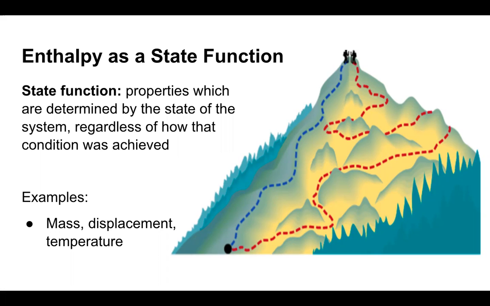Regardless of how the condition of them being up on the top of the mountain was achieved, what's most important is that they are at the top of the mountain. And so that's basically what a state function is. And we'll see in the next couple of slides how enthalpy as a state function is related to the concept of Hess's law.